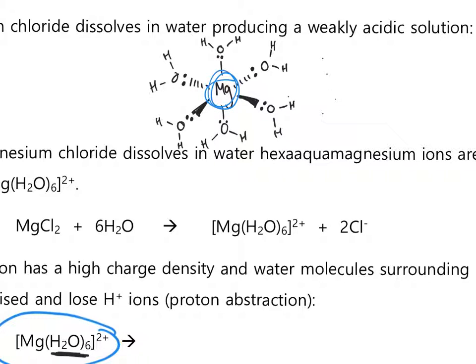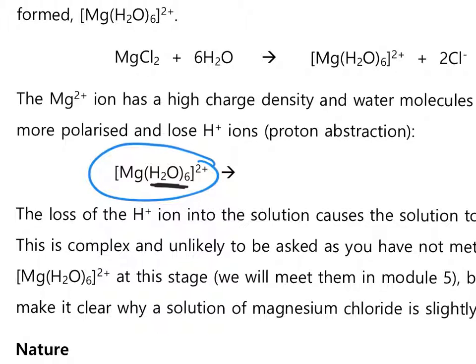The magnesium always forms a charge of 2+. That charge on the outside of the formula of the complex, this 2+ here, is the charge of the metal plus the charge of the ligands. What's the charge of each of my water ligands? 0. So the overall charge of the complex is going to be 2+.